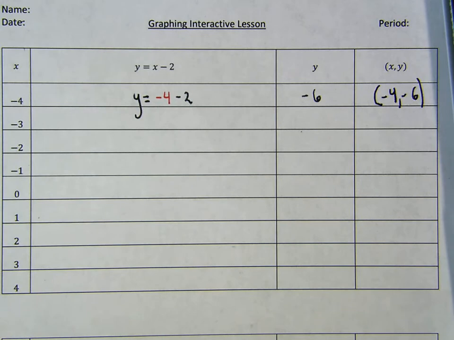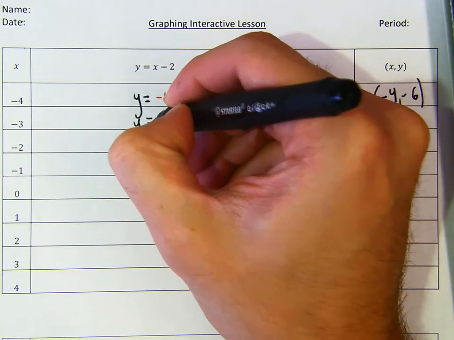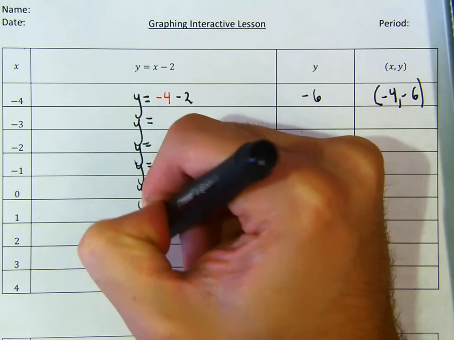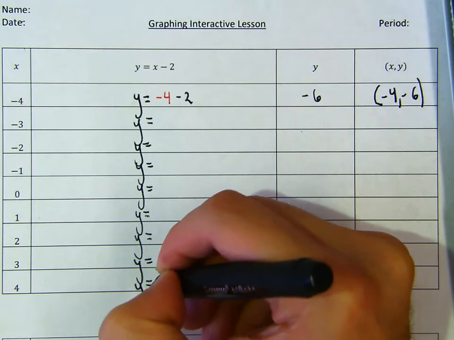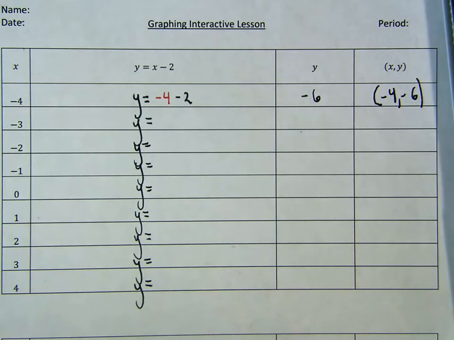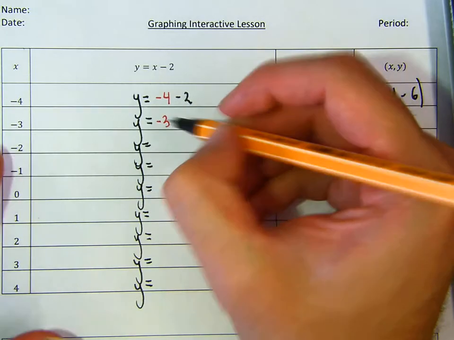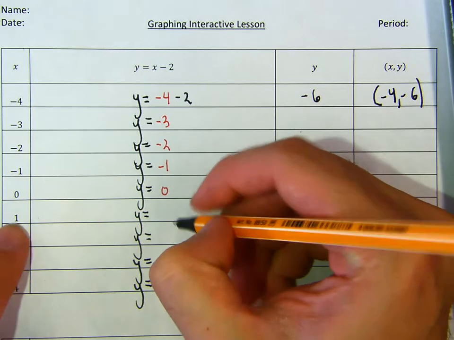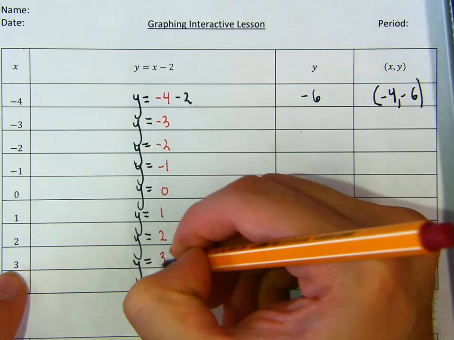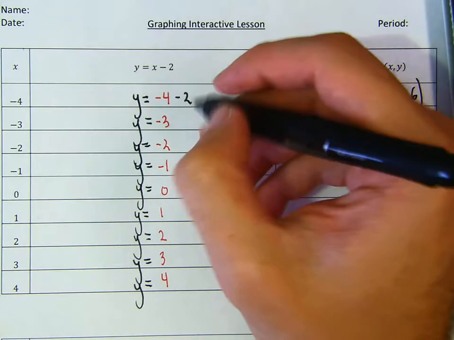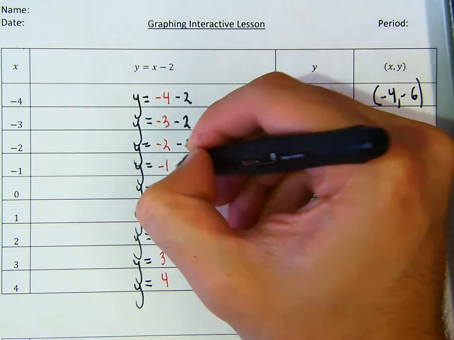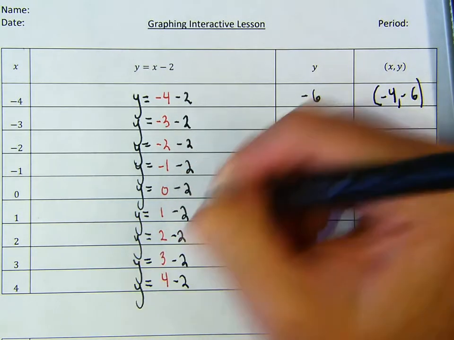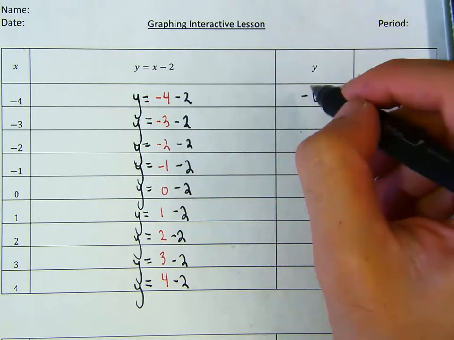I can just say y equals, and then what am I substituting in here? -3, -2, -1, 0, 1. And I'm subtracting 2. Try this on your own.